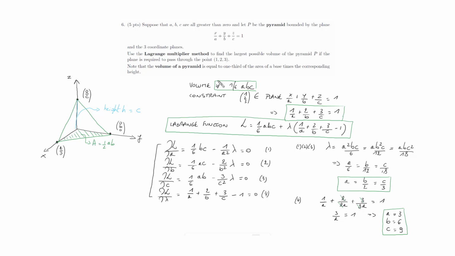If you do this, this is the constraint that you obtain. So here we have a function that we want to maximize, right? And here we have the constraint, so we can write the Lagrange function, which is a function of the original three parameters, and we have a Lagrange parameter that is added.